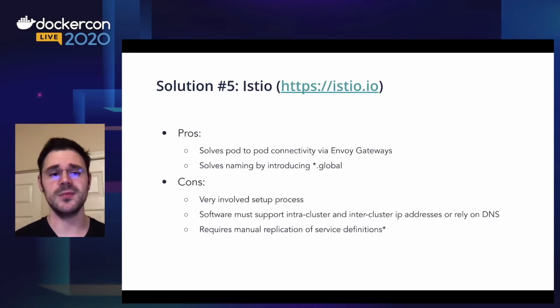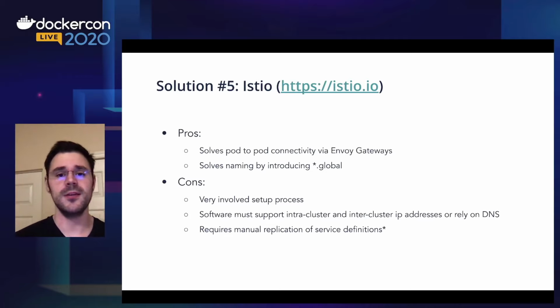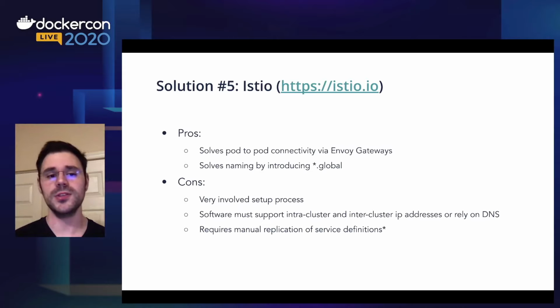So the pros are this solves the pod-to-pod connectivity issue for us via Envoy gateways. It also solves our naming issue by introducing a .global TLD as opposed to the .local TLD that is available in our single region clusters.